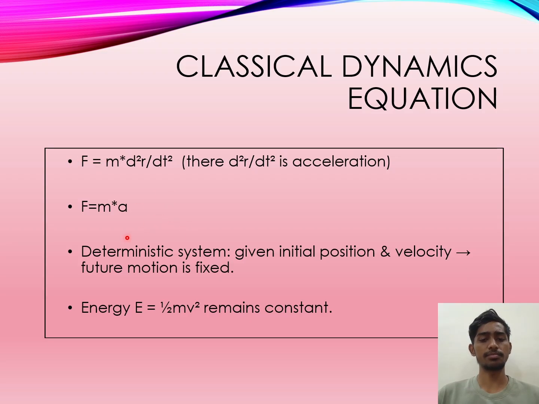This classical dynamic equation is used for classical deterministic systems, which give us the initial position and vector, with the future position fixed at the points. Energy is conserved, so this is the formula, and here it is maintained that it remains constant, which tells us that the energy is conserved.